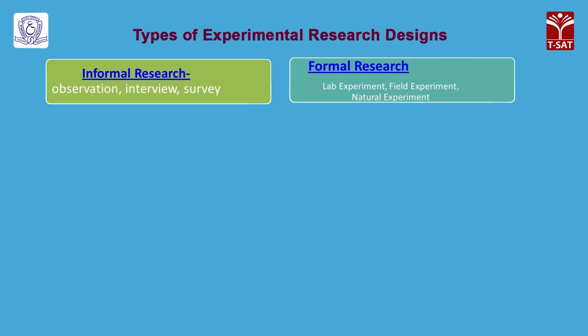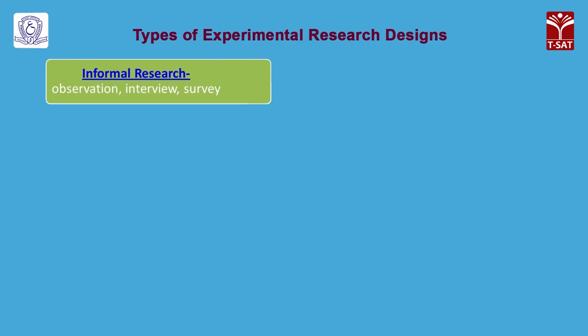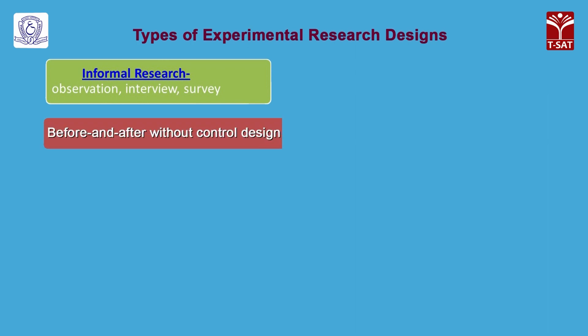The following experimental designs are discussed. The first is informal experimental design, and it consists of various aspects. The first one in that is before and after without control design. Second, after only with control design.